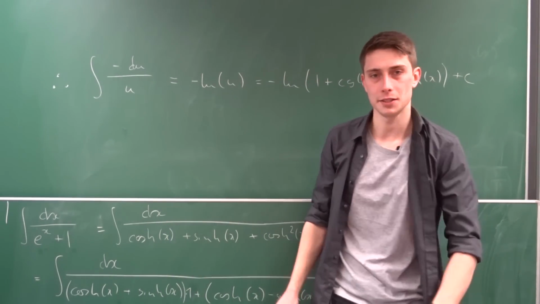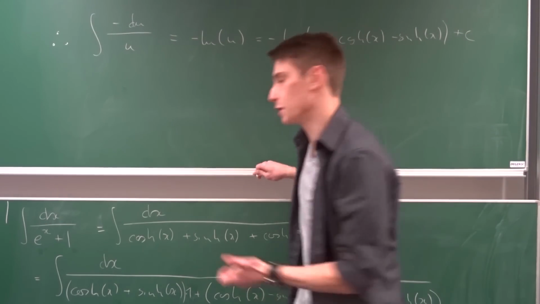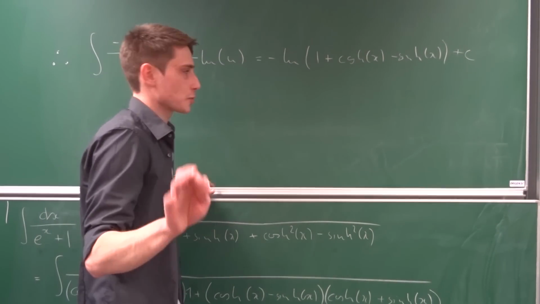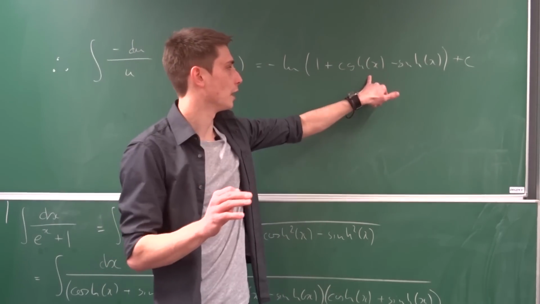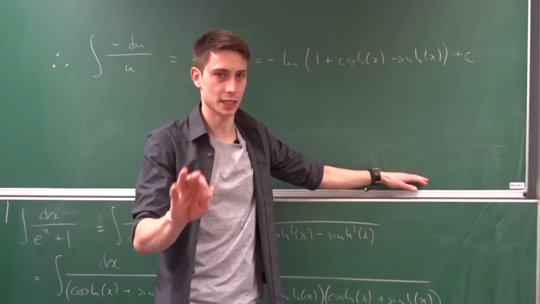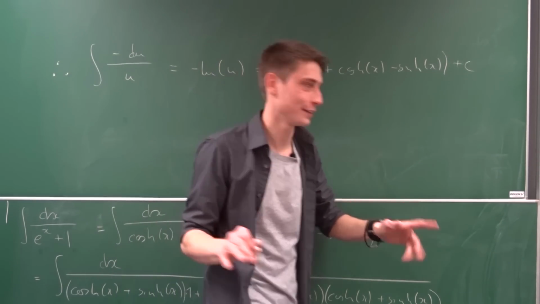And then we are done. That was quite a long way, but we've reached our finish, and in another video, this will take quite some time, I'm going to show the equivalence of all the answers we get today.